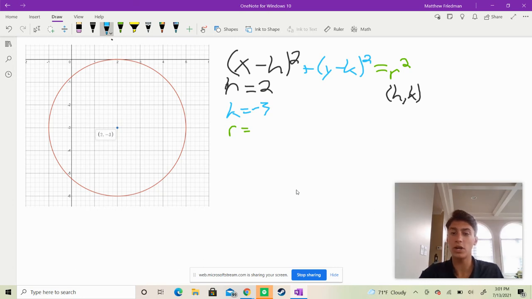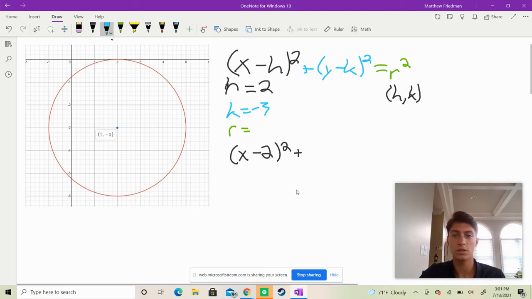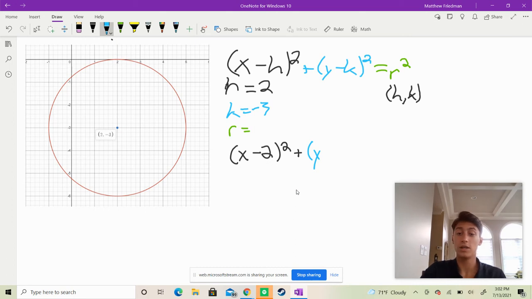So we can fill in x minus 2 squared plus y. And since it's y minus k and k is negative, we flip the sign. So it's y plus 3 squared.